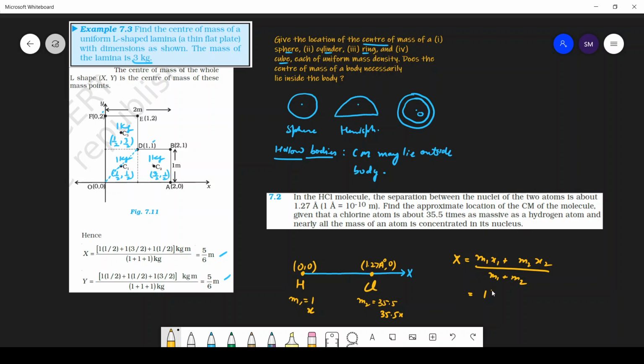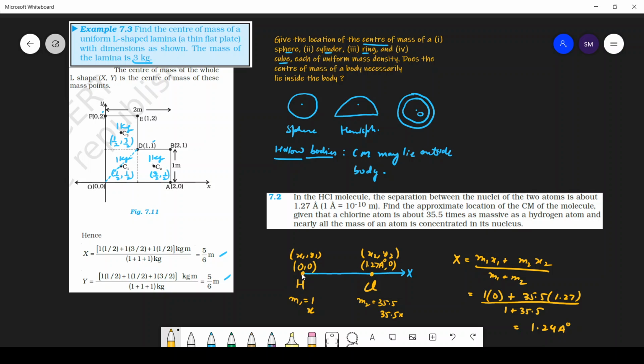So this is 1 into x1, which is 0, plus 35.5 into x2, which is 1.27 angstrom, divided by 1 plus 35.5. If you calculate it, you will find the answer 1.24 angstrom.